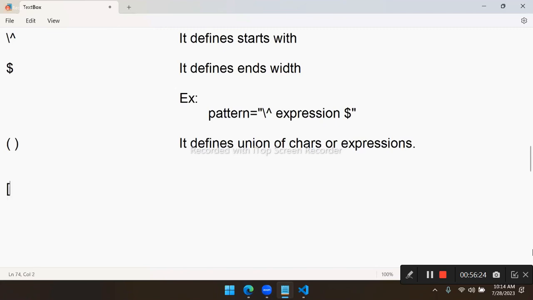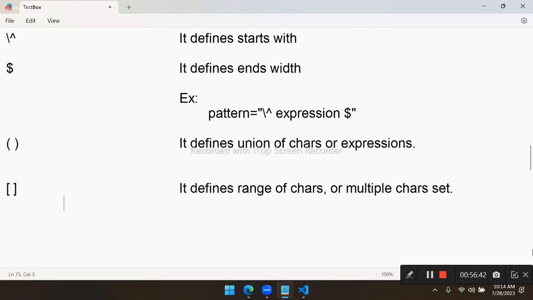And we have another, the square brace. It defines a range of characters or multiple character set. That means in general terms you call it a collection.